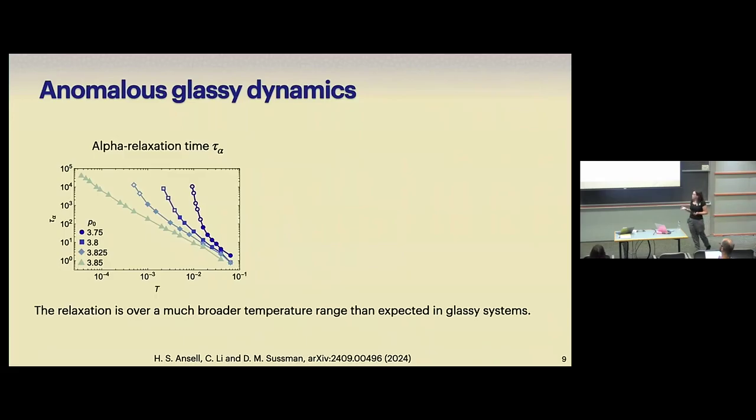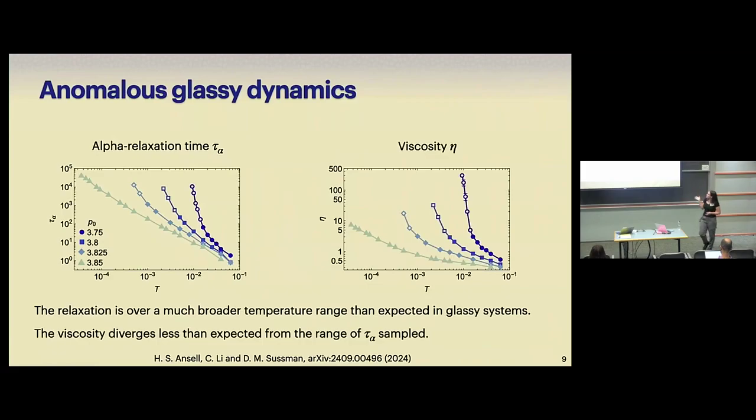So now we can also look at the viscosity. Typically, you would expect that the viscosity follows a similar trend to the relaxation time, since they're both involved with the motion of the particles. But what we see when we look at the viscosity is that, at the low p-naught values, we have this nice divergence of viscosity over a fairly narrow temperature range.